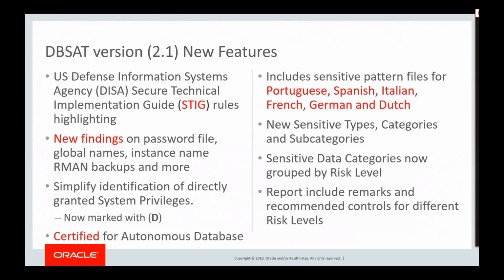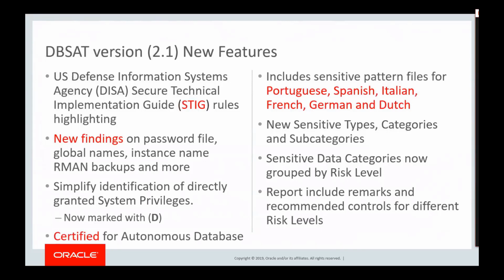We've included new language files as part of DBSAT 2.1, so it's no longer English only. It'll do sensitive data discovery in Portuguese, German, Dutch, French, Spanish, Italian, and we're constantly hoping to add more languages to it. We've also revised how we report on sensitive data discovery. We've got a few new types in there.